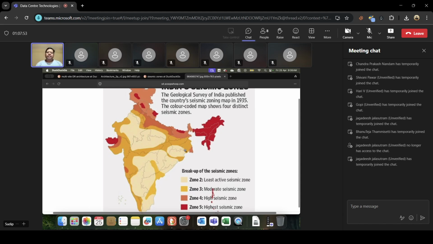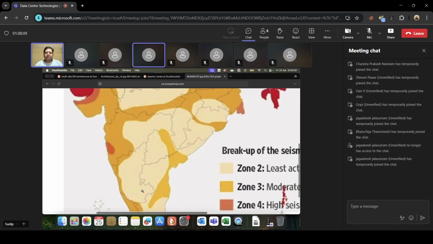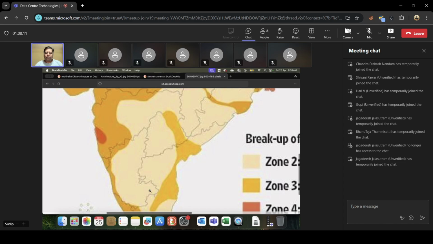And in India, where is the least possibility of having earthquakes? It is in zone 2. And guess what? Where is Bangalore? Bangalore is right here, in zone 2. Mumbai is somewhere here in zone 4. Hyderabad is somewhere here in between zone 2 and zone 3.